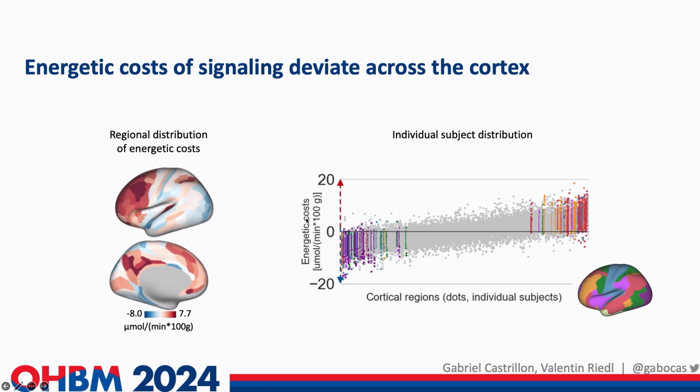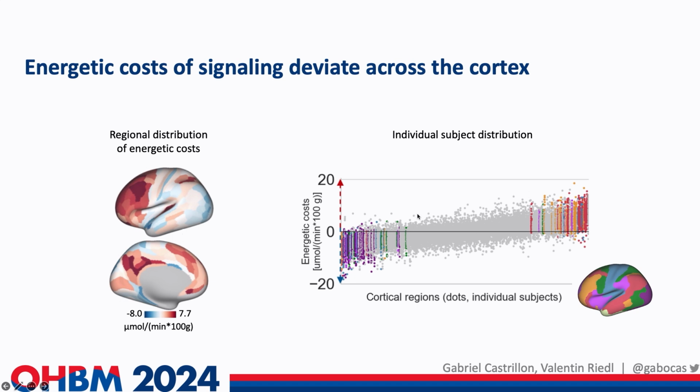What you see on the right side is a region-wise distribution. The dots reflect participants, and the regions are color-coded.